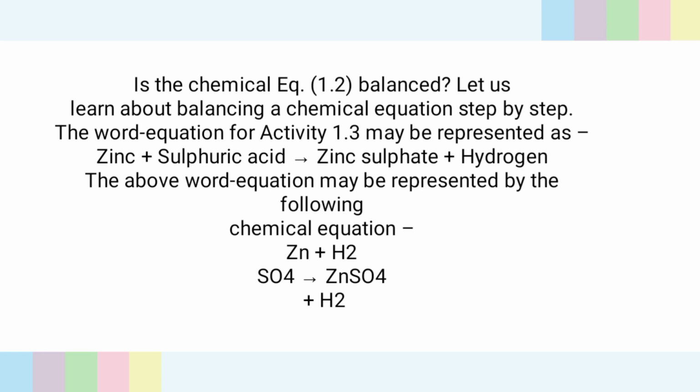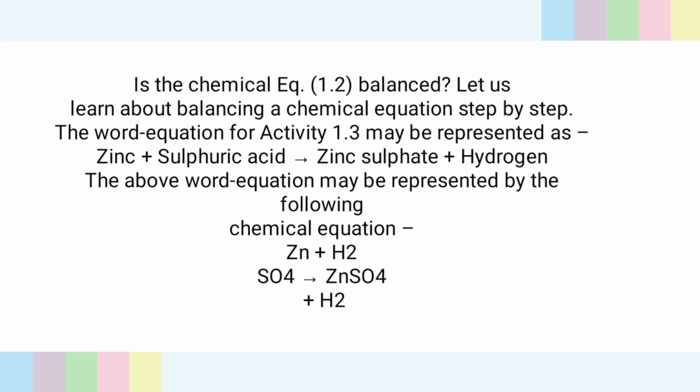The word equation for activity 1.3 may be represented as zinc plus sulfuric acid gives zinc sulfate plus hydrogen. The above word equation might be represented by the following chemical equation. Zn stands for zinc and H2SO4 is the sulfuric acid.